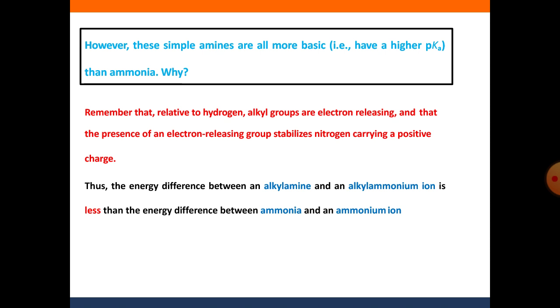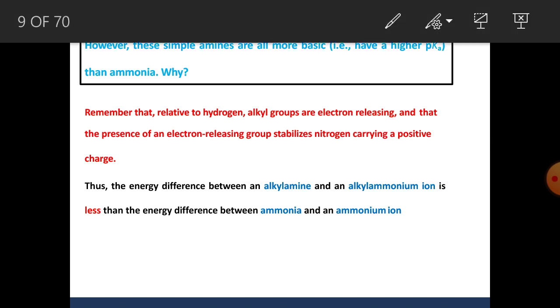Now there is one question. Simple amines are more basic, meaning they have a higher pKa than ammonia, and we have to write the reason why they are more basic than ammonia. Whenever we are comparing basicity, you can see in ammonia, when we draw its structure, there is only hydrogen and nitrogen which carries the lone pair of electrons.